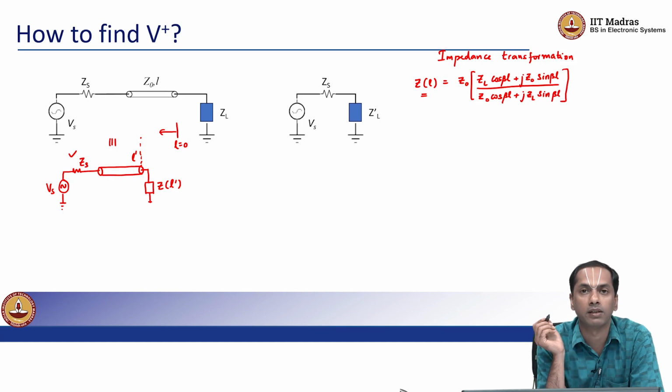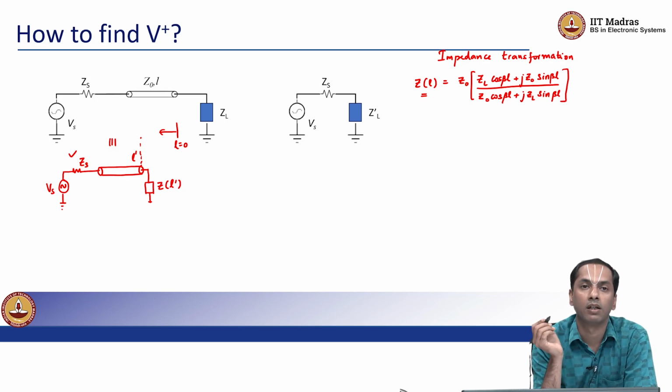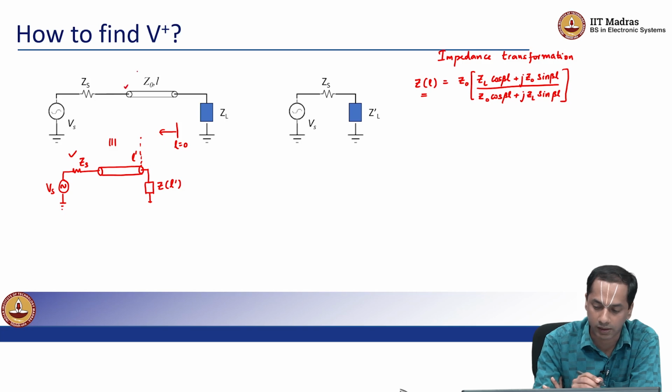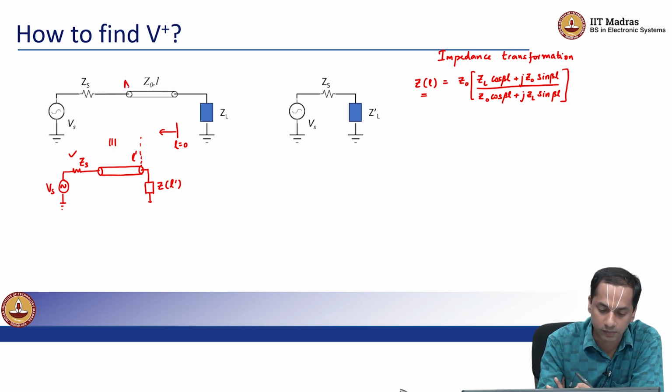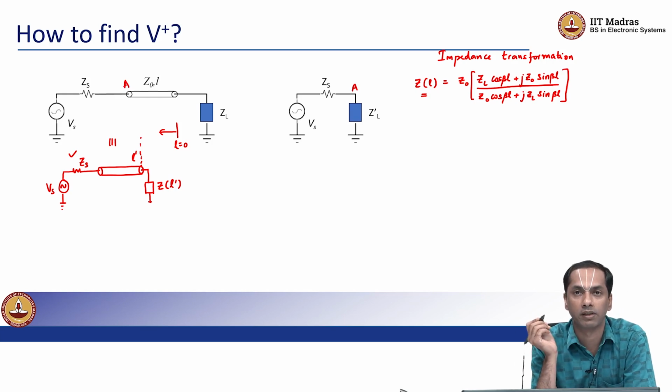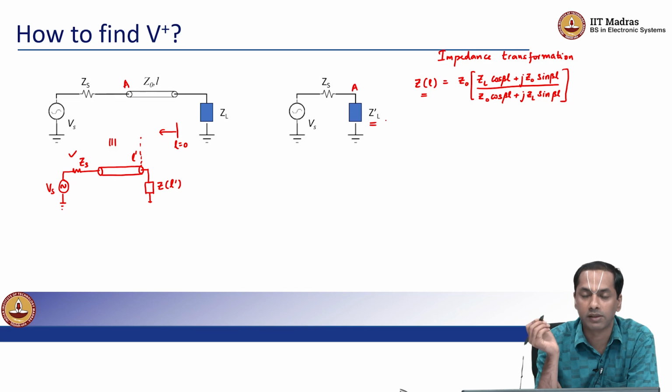And this fundamentally is explained due to the constructive and destructive interferences of what we call V plus and V minus waves, right, and establishing some sort of a standing wave pattern on the transmission line at high frequencies. So if we take L prime all the way to the length of the transmission line and transform the impedance to as seen at the beginning of the transmission line, I'll call that point A. So if I were to transform it all the way to the generator, let me say I get an impedance that is ZL prime, right.